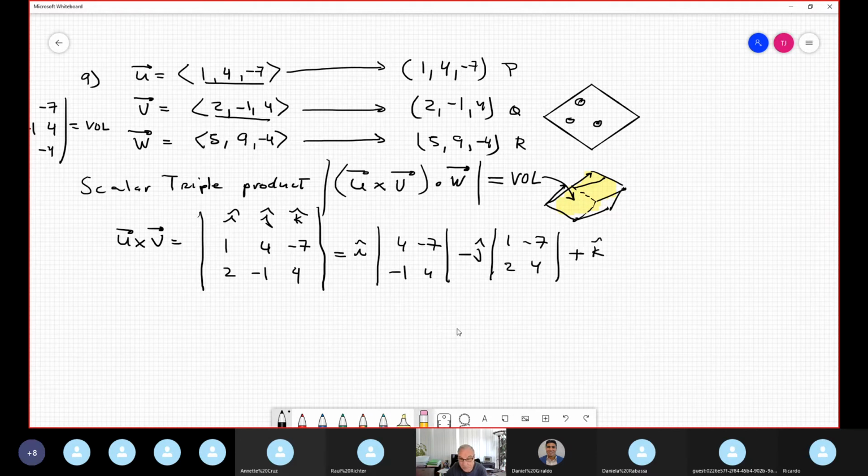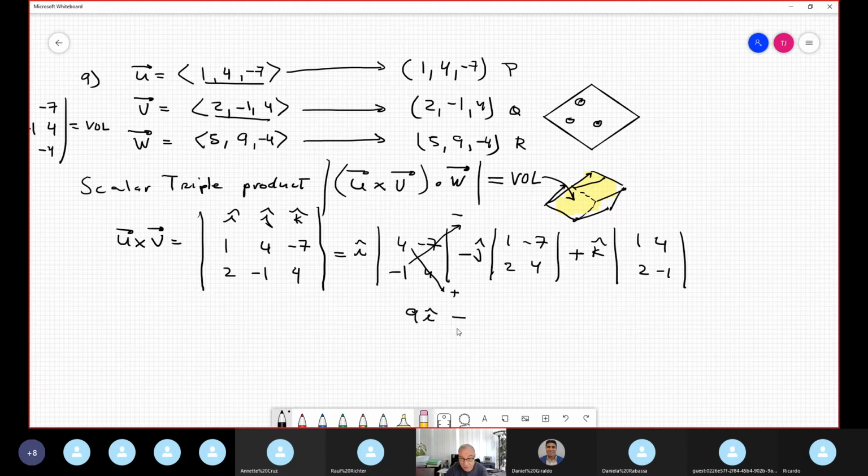Then for the K term, 1, 4, 2, -1. When you multiply, 4 times 4 is 16. Remember, when you multiply in this direction, it's negative. When you multiply in this direction, it's positive. 16 minus 7, and minus 7 is 9. 9i.